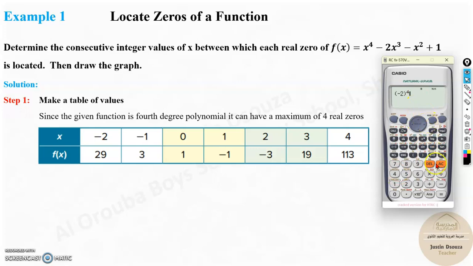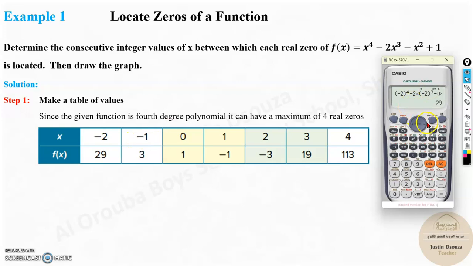Minus 2 to the power 4, minus 2 multiplied with minus 2 the whole cube, and minus again, bracket minus 2. Remember, x is considered to be minus 2, so make sure wherever x is there, put minus 2. Square plus 1, and the answer is 29.